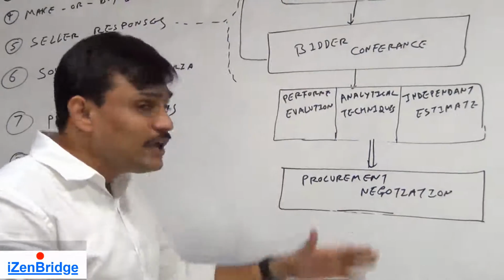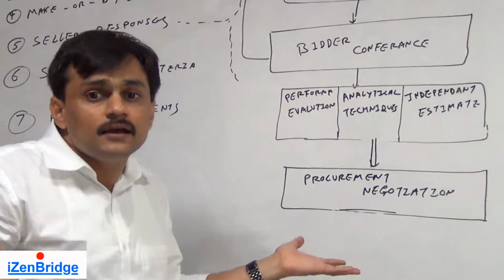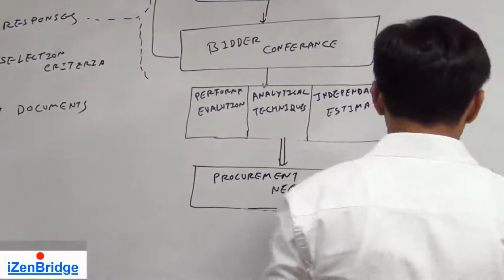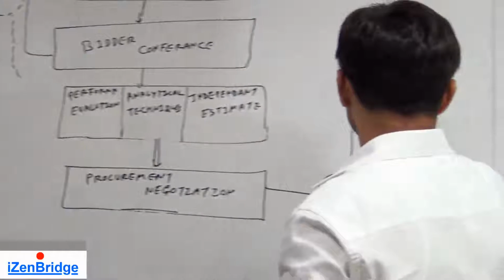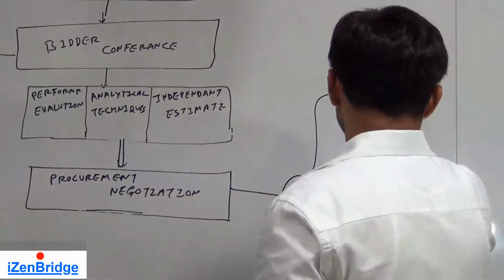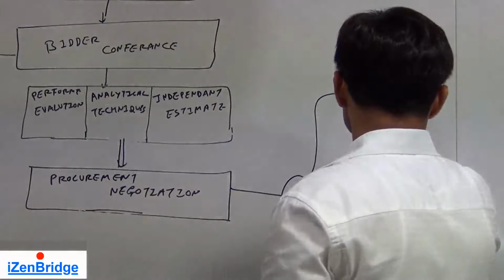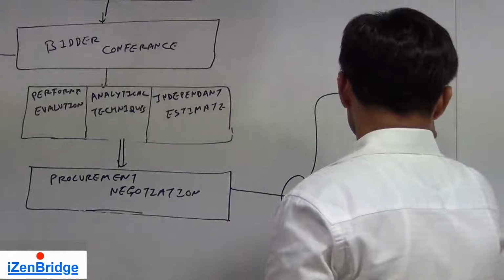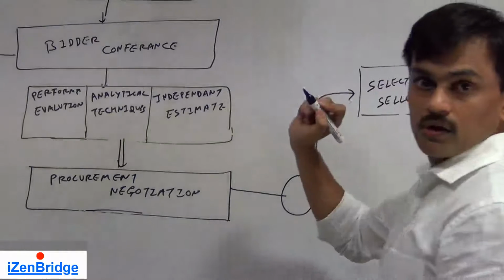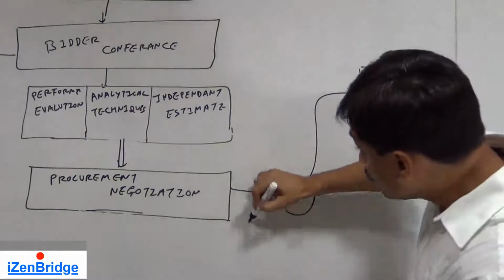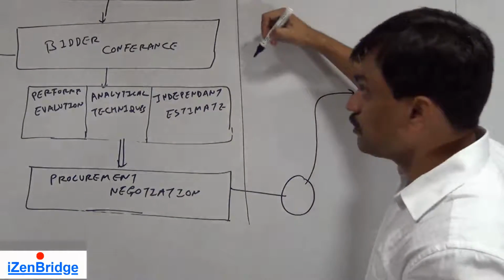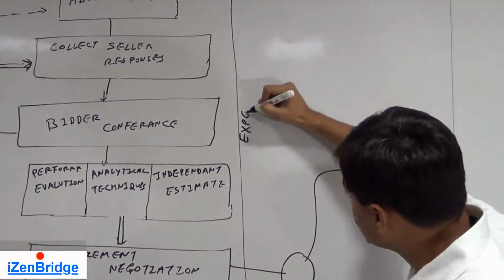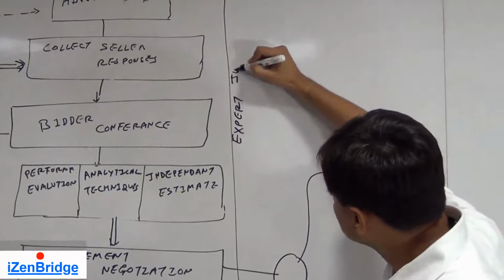Now, after applying all this, what we get? We get as an output of this the selected seller. Now, while we were doing all this tool and technique, we were also applying expert judgment.